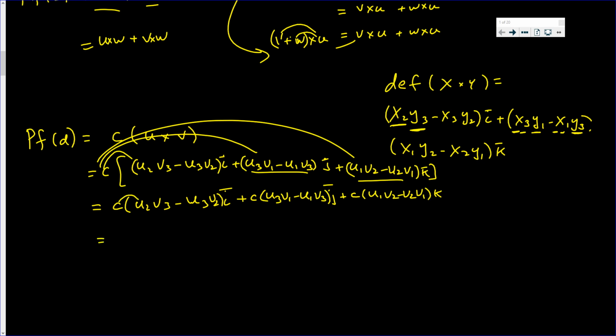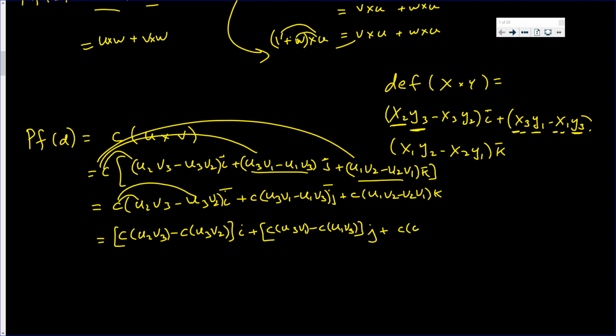But now I can distribute the C across the subtraction. I get C times U2V3 minus C times U3V2 in the I direction, plus C times U3V1 minus C times U1V3, this is in the J direction, plus C times U1V2 minus C times U2V1, and that is in the K direction.